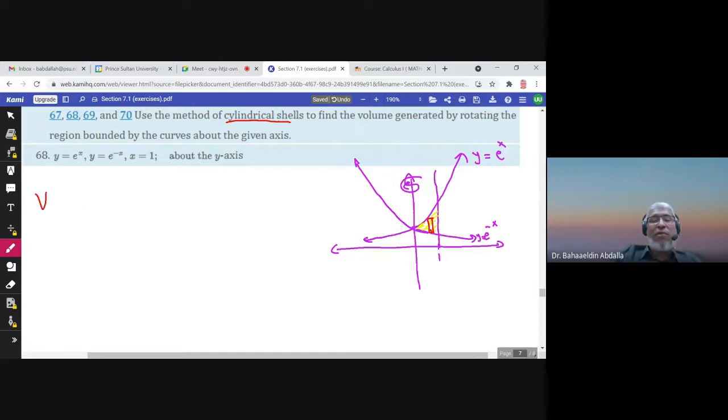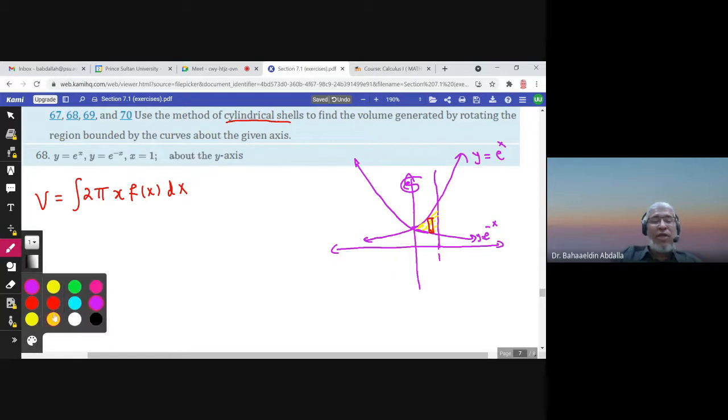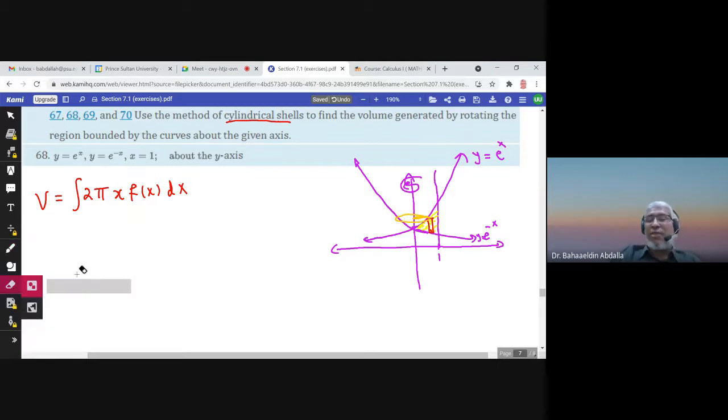The volume by cylindrical shells is given by V, the volume equals the integral of 2 pi, where the width is delta x, so 2 pi x f of x dx, where x is the radius of the cylinder, which is represented by this region, because we will rotate about the y-axis.